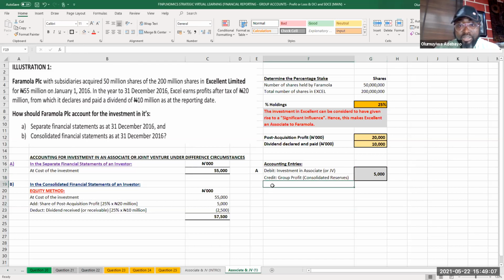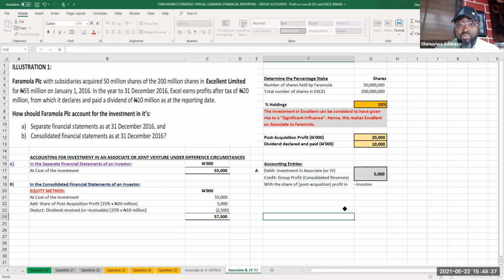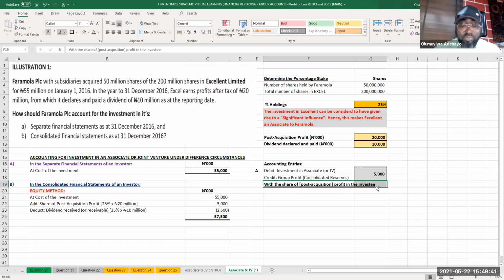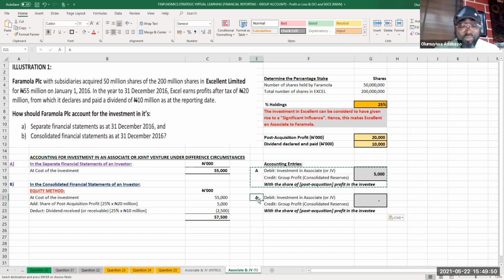And with the share of post-acquisition profits in the investee, which is either associate B, for the dividend, reverse will be the case.